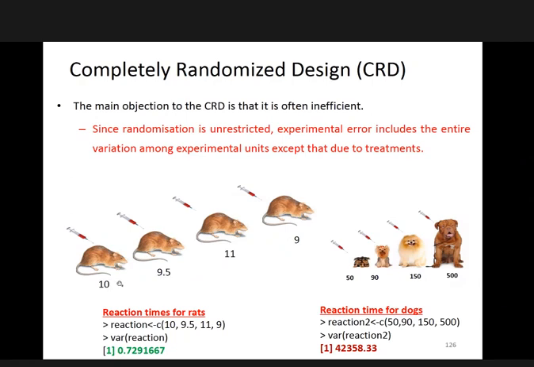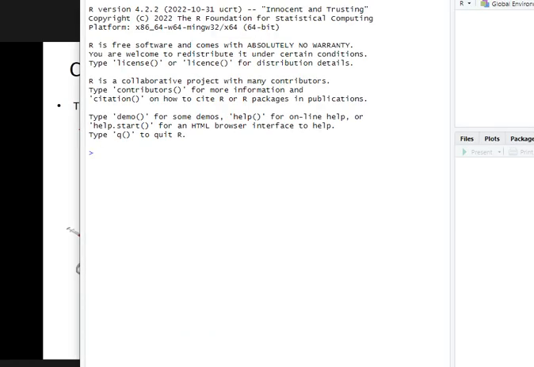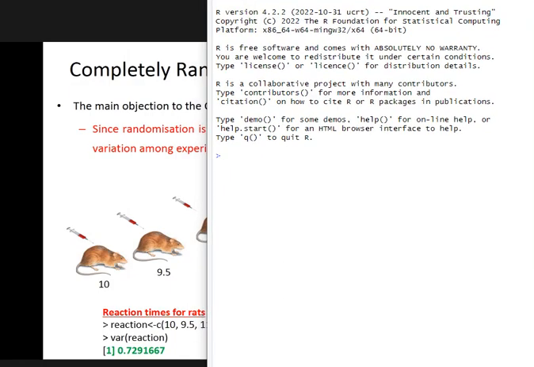Here, for example, rat number one had a reaction time of 10 seconds, rat number two 9.5 seconds, rat number three, and rat number four. This is the variation that the other time we defined as our experimental variance.